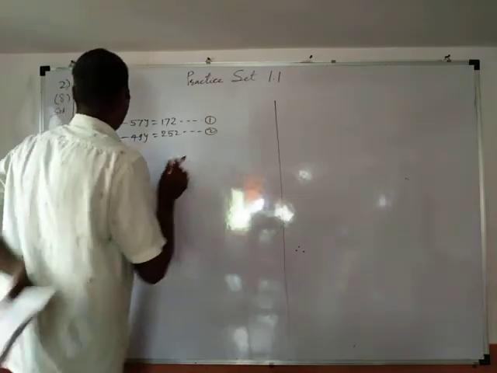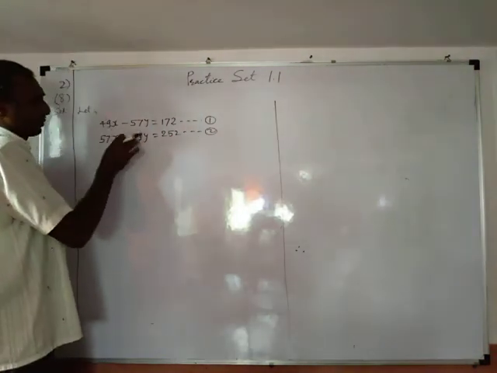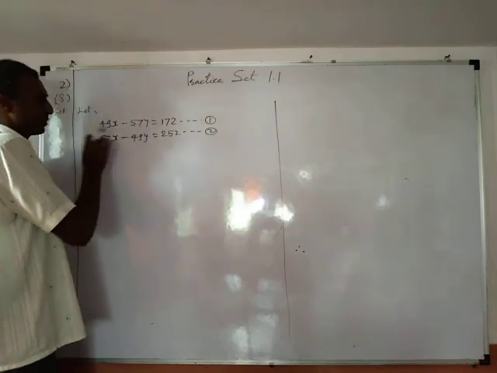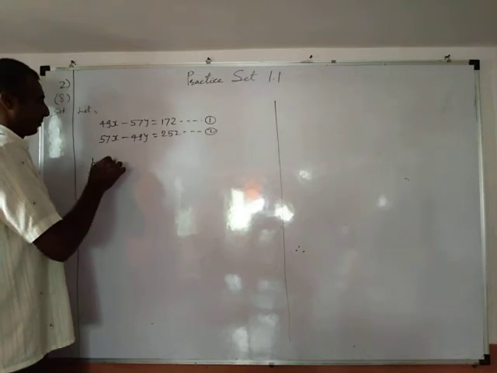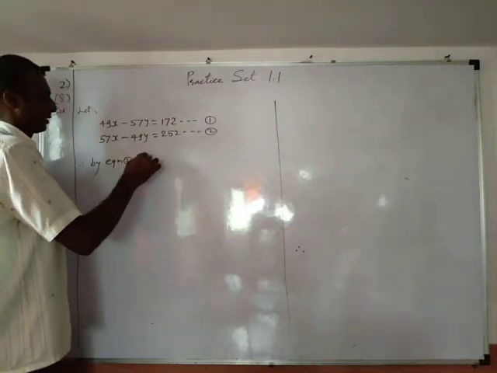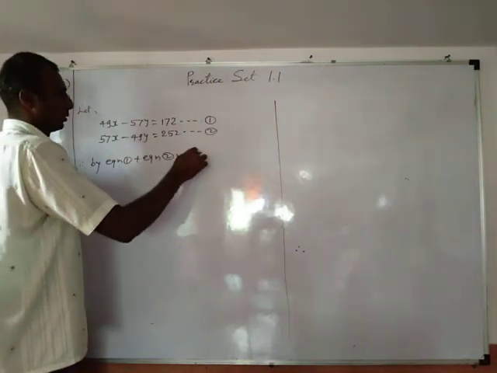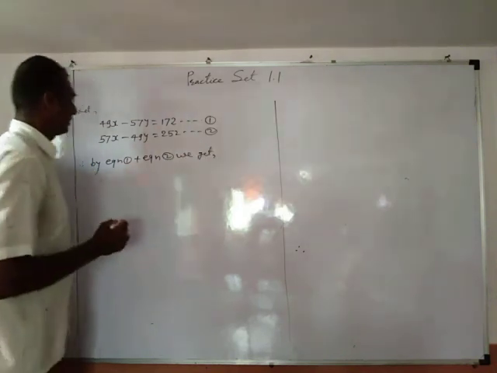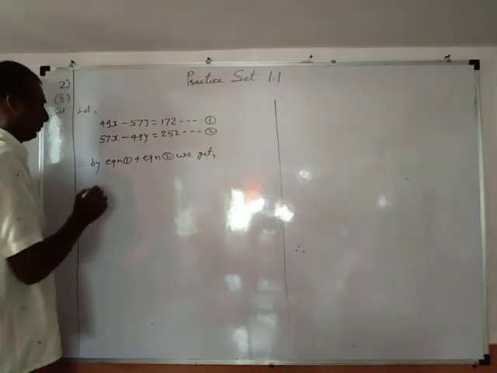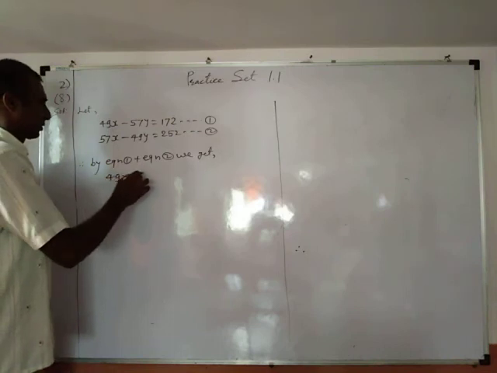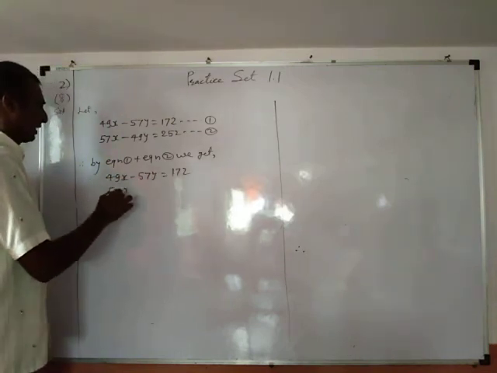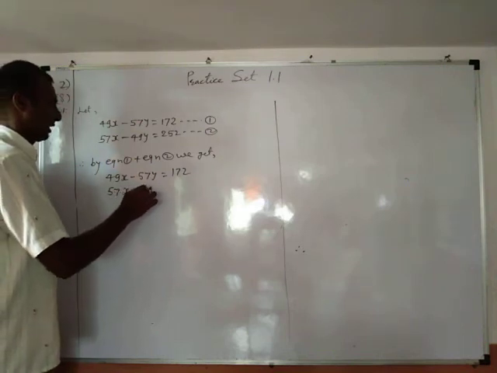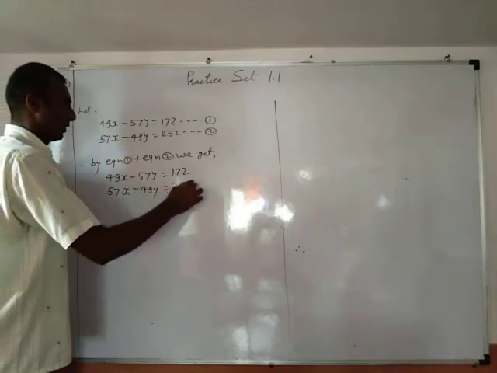Equation second. The coefficient of x becomes the coefficient of y, and the coefficient of y becomes the coefficient of x, and therefore by equation 1 plus equation 2, let us see what we get. 49x minus 57y equals 172. 57x minus 49y equals 252.